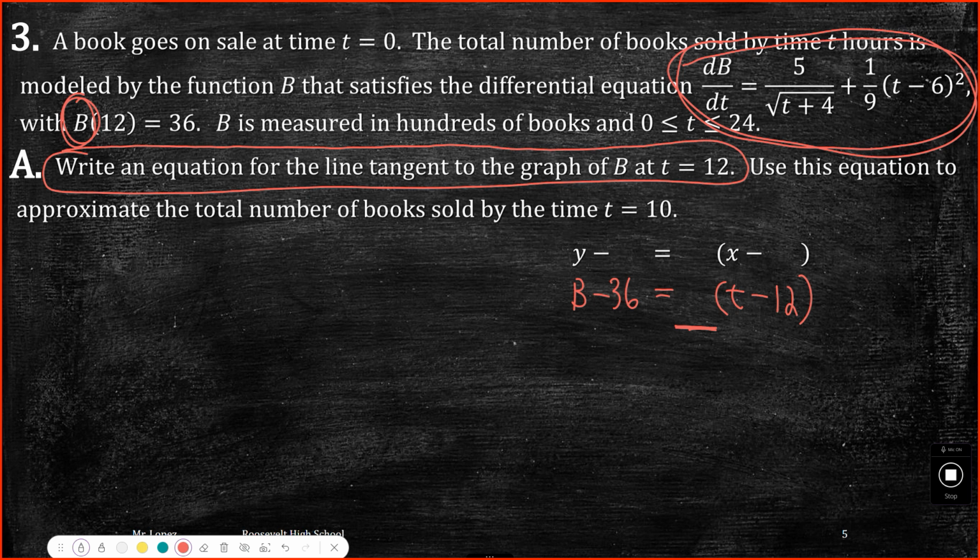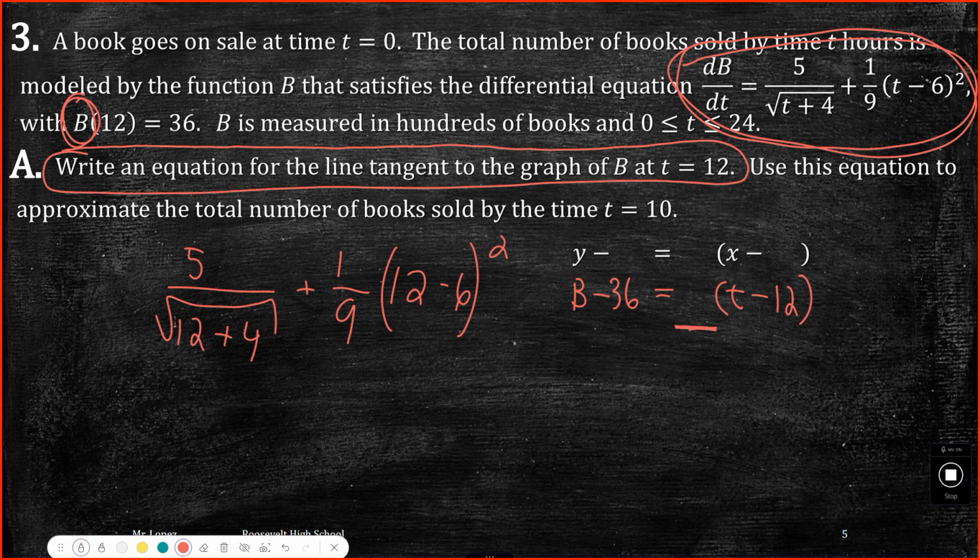Let's do that. So dB/dt is equal to that, and we're going to evaluate it at t equals 12: 5 over 12 plus 4, plus 1 over 9 times (12 minus 6) squared.